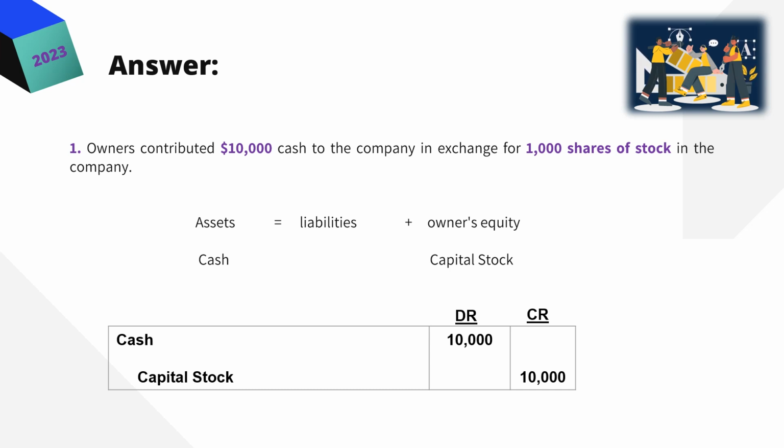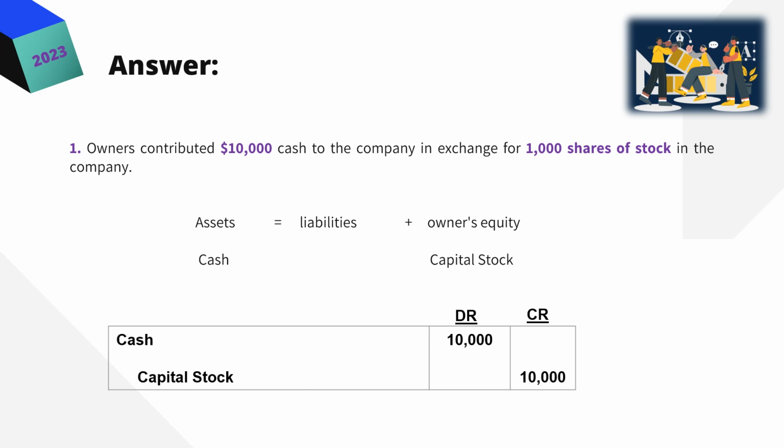In this particular case, the company is receiving $10,000 of cash. That's an asset. It's increasing. An increase in an asset is reflected as a debit. The company isn't borrowing this cash or resources. What they're doing is receiving a capital contribution from the owners.